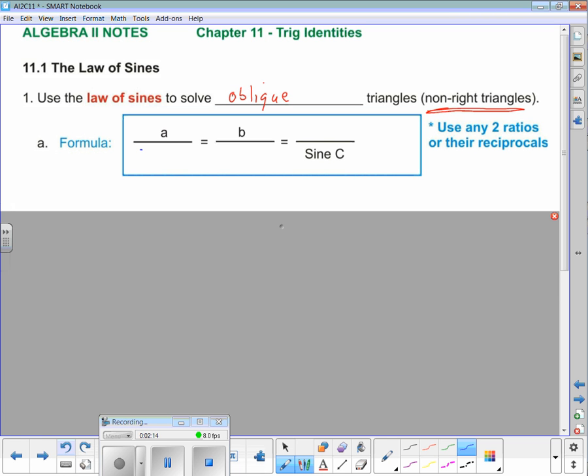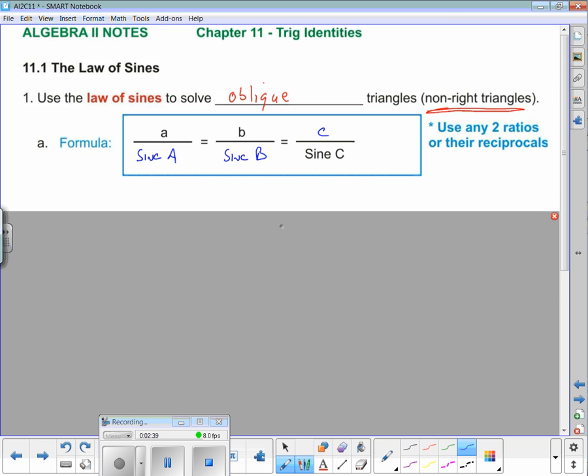Side A over sine of angle A. Makes sense then. The next one would be side B over sine B. And then the third one, side C over sine C.